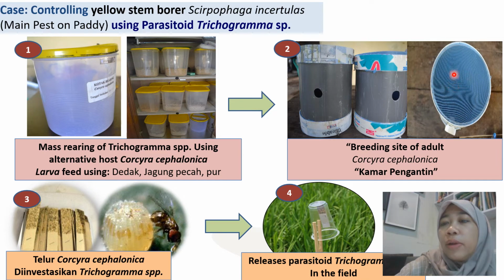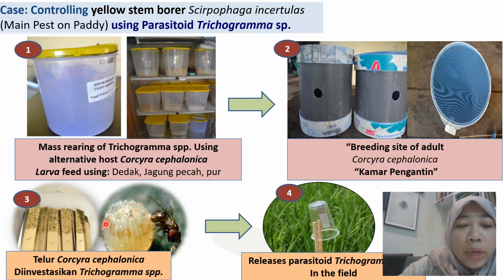After that we can get some eggs of Corcyra cephalonica, because Trichogramma is an egg parasitoid, so we need more eggs to release that parasitoid. This is the egg of Corcyra cephalonica on paper.